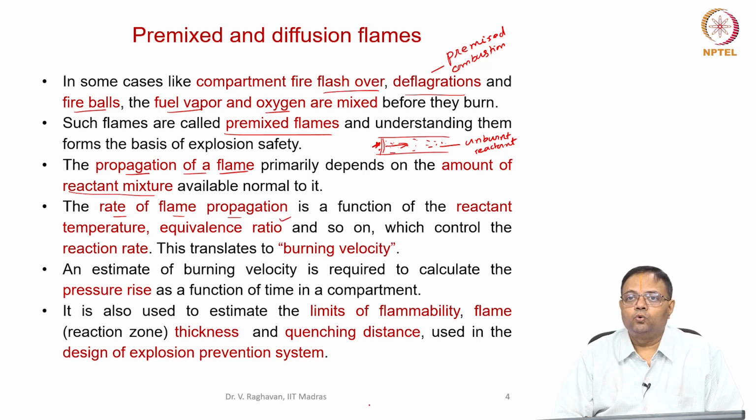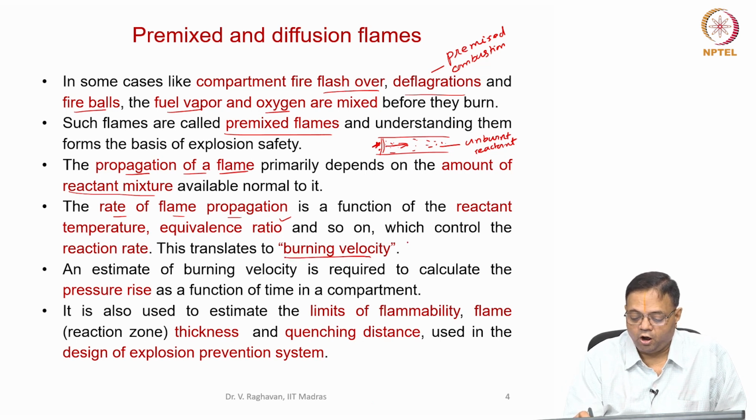If it is too lean or too rich, it may not propagate at a faster rate. If it is near stoichiometric or slightly rich, it may propagate much faster. So, the rate of flame propagation is called burning velocity or laminar flame speed.